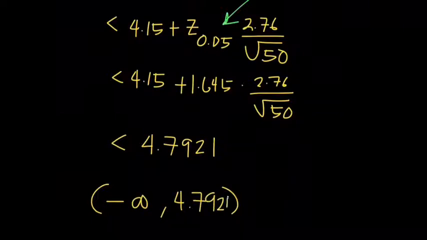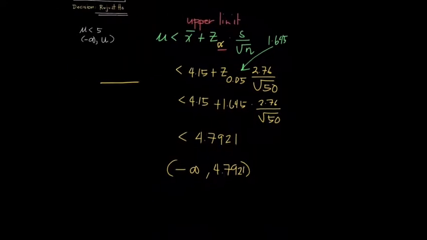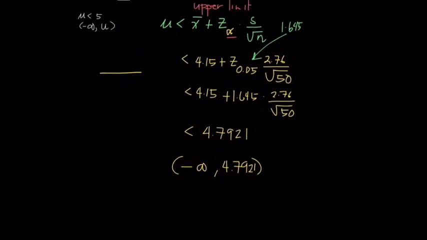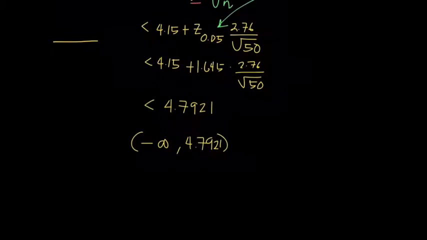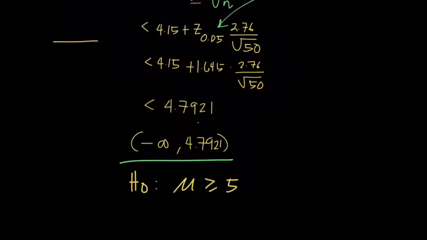And if we compare that to the decision of the hypothesis testing, that is, we rejected the null hypothesis, that is, mu is greater than or equal to 5, because the interval even suggests that it can only be as high as 4.7921.